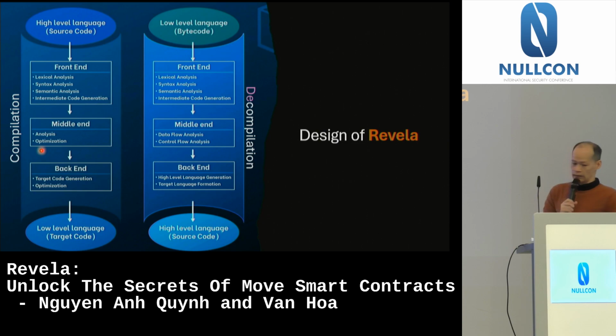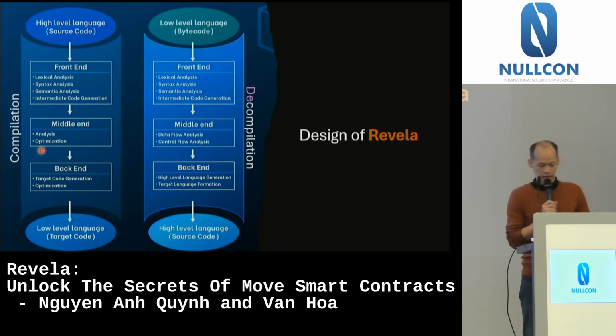Okay, so looking at the high-level design of Revela, you can see that Revela, as a decompiler, is quite similar to a compiler. Both compiler and decompiler take some input and translate it to something at the output.